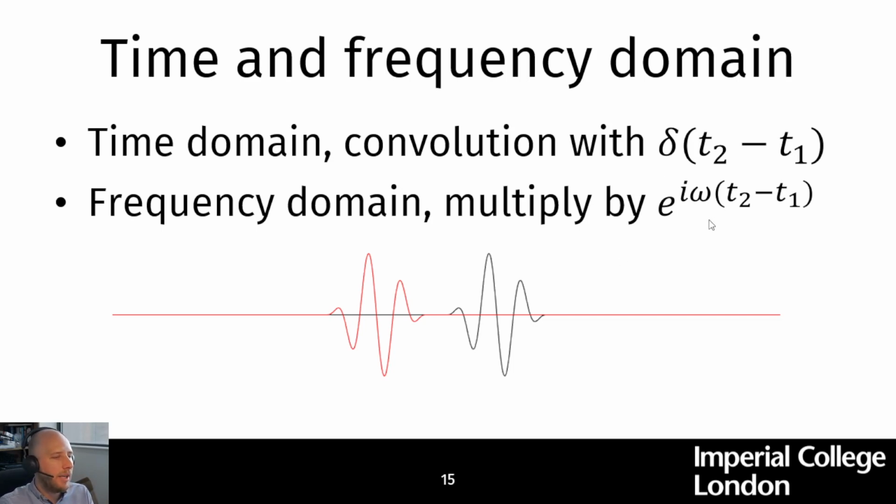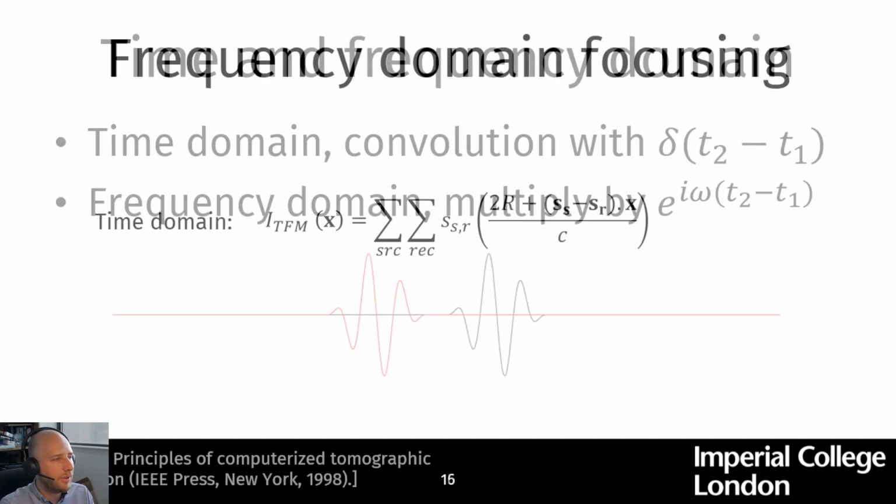In the frequency domain, the equivalent, if you Fourier transform that, is multiplying by this exponential term. So this is i, the imaginary number, omega being our angular frequency, multiplied by these. So effectively, you're doing a phase shift on your signal, which is the same as doing a time shift in the time domain. So we can basically convert our total focusing method algorithm into the frequency domain.